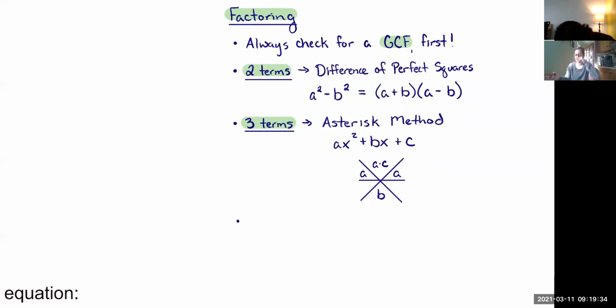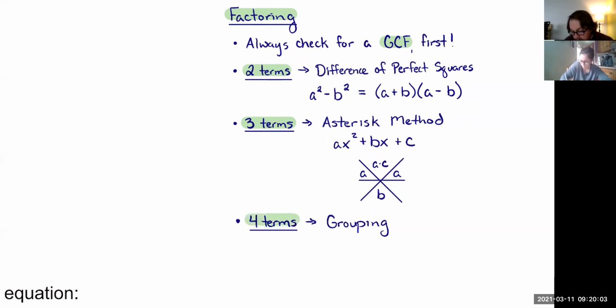And then the final case that we got to, and we didn't practice it as much because it's a little less common, was if we had 4 terms. For 4 terms, that's where we considered factoring by grouping. That's where we split it in half, find the little greatest common factors, and work our way through it.